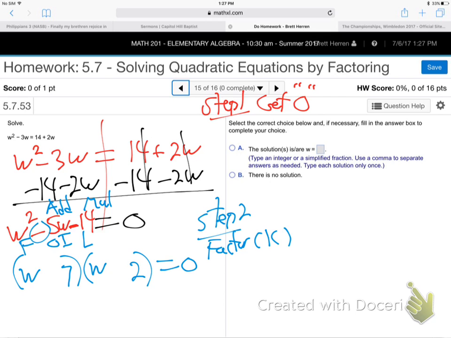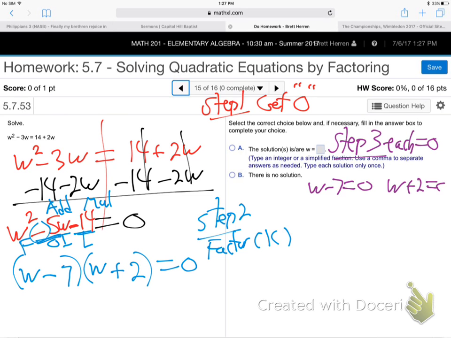Sign in the middle is taken by the bigger. Minus 7 plus 2. That adds to be minus 5 in the middle, multiplies to be minus 14 at the back. Right? And then finally, step 3, each one equals 0. So w minus 7 is 0, w plus 2 is 0. And then, I'll just say positive 7, negative 2. It's just opposite sign, huh? 7 and negative 2.